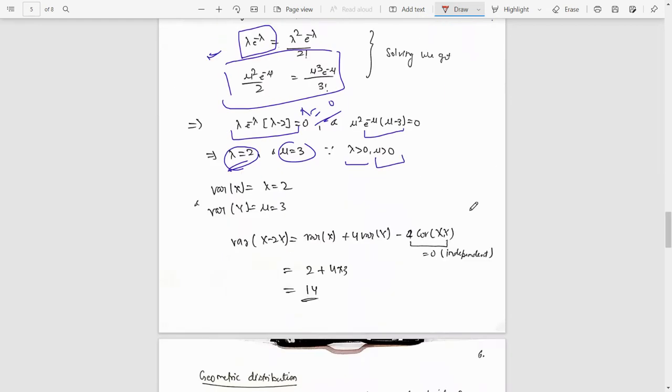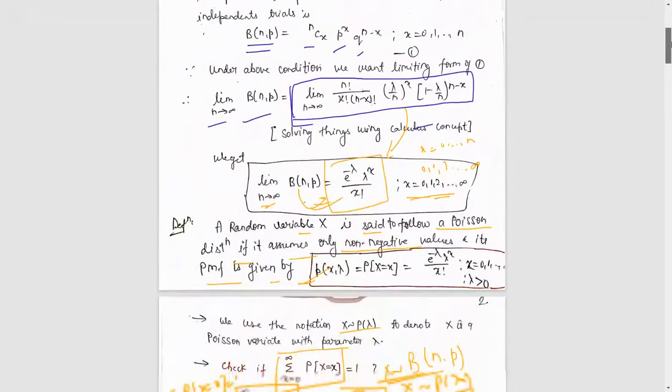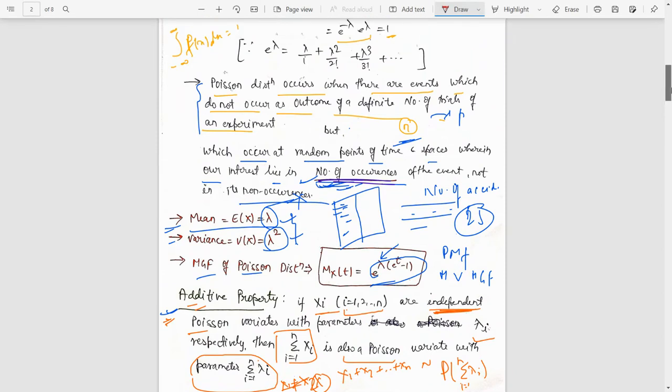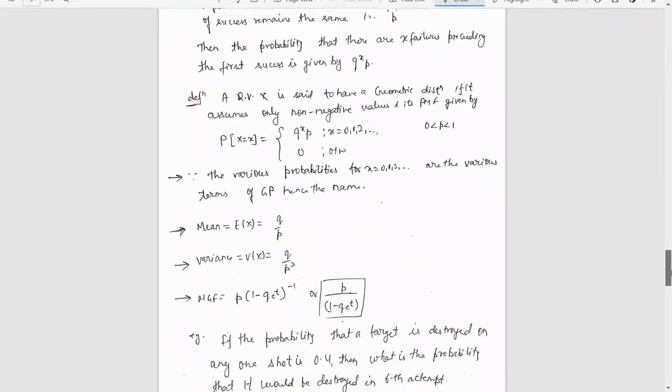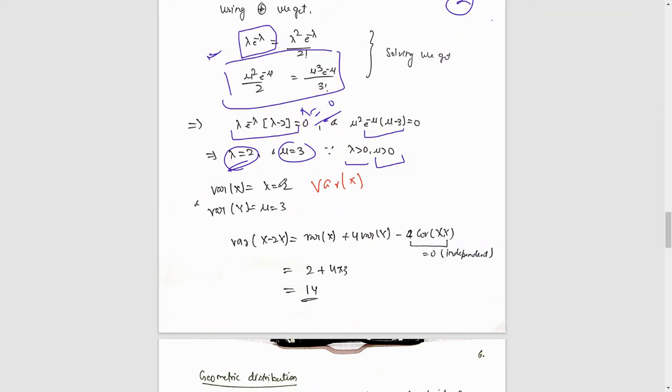The next thing, once you have lambda and mu, is to find the variance of x. What is the variance of x? We talked about this in the beginning, in the Poisson distribution, that mean and variance are going to be lambda and lambda square. I think this should be checked, so let me just verify this detail about the Poisson distribution.